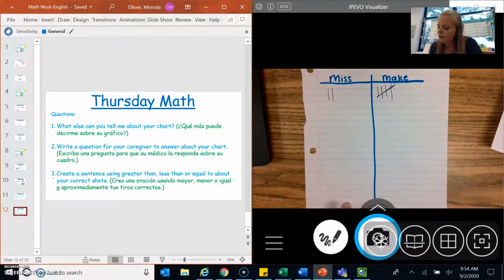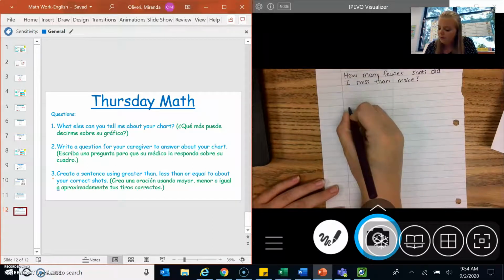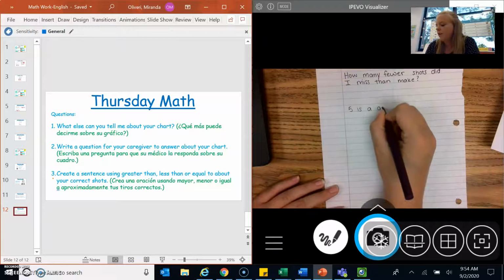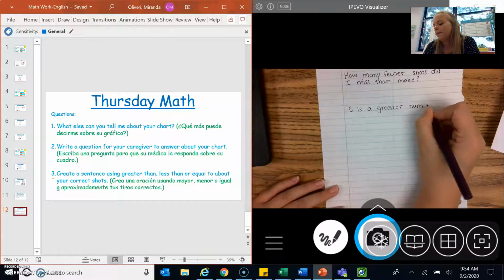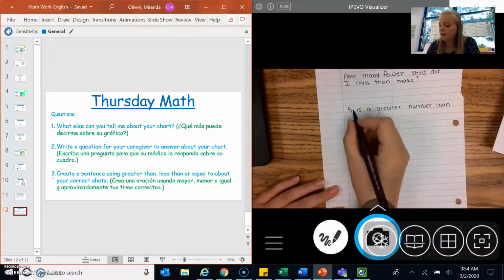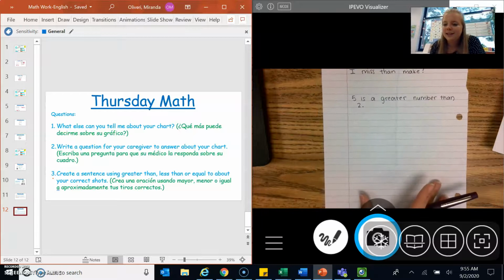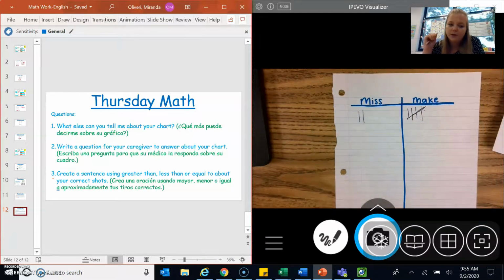So I'm going to write for my sentence for number 3, 5 is a greater number than 2. Okay? Alright, and you can pick any sentence that you would like to write about your numbers, but you have to use the words greater than, less than, or equal to.